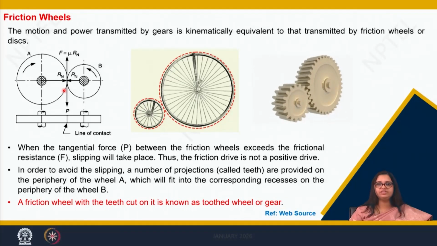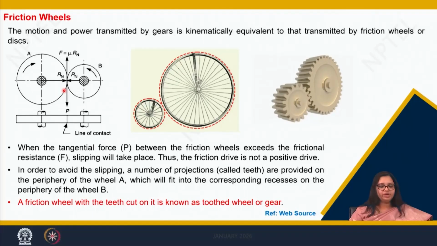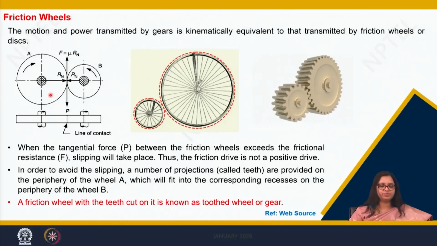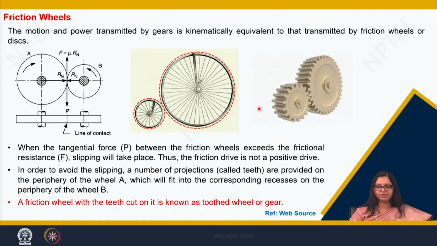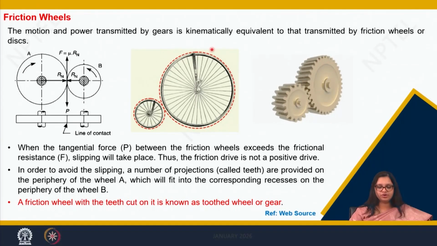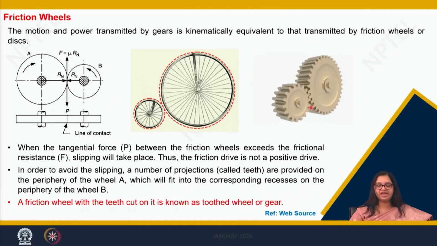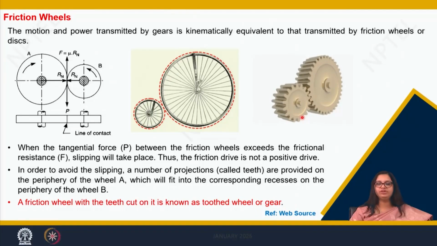So in order to avoid this slippage, what we do is replace the outer periphery of these friction wheels with teeth, something like this. Now you can see there are two wheels here which are able to transmit power because they have sufficient friction between them. However, if we replace the circumference of this wheel with something like this, where they have protruded teeth which are meshed with each other and help in power transmission, this helps us in achieving positive drive.